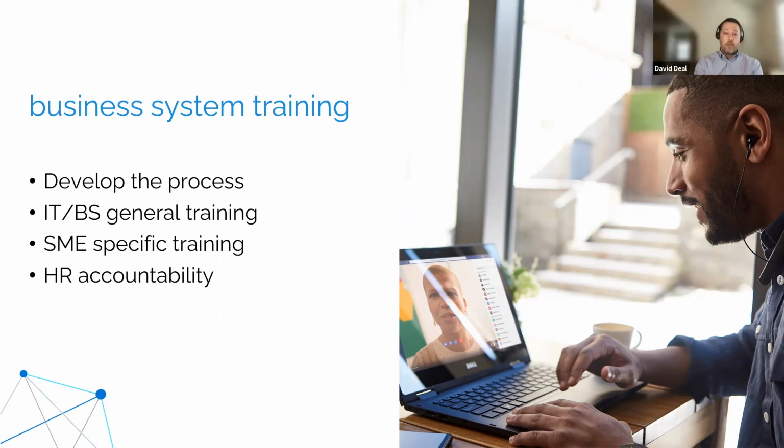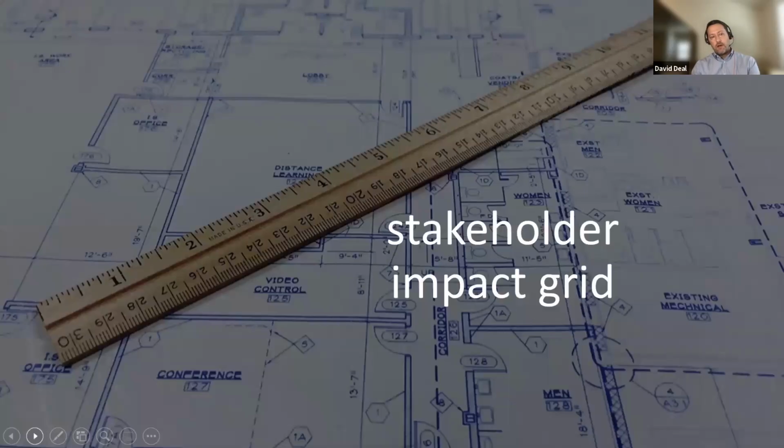Yeah, absolutely. And I don't know if you're ready to transition to the next slide, but one of the tools that we find helpful at Build Consulting for doing this is a stakeholder impact grid.